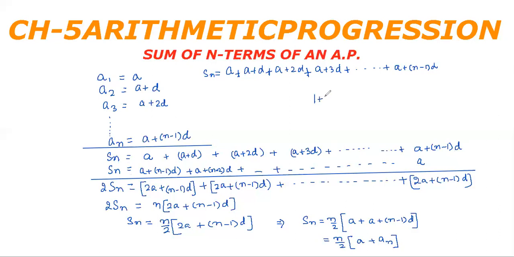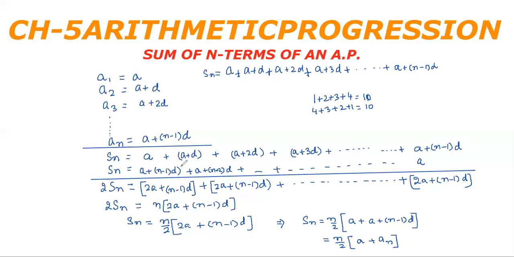If you add 1 plus 2 plus 3 plus 4, you get 10, and if you add them in reverse order, 4, 3, 2 and 1, you also get 10. So it doesn't matter whether you add in this order or in reverse order.